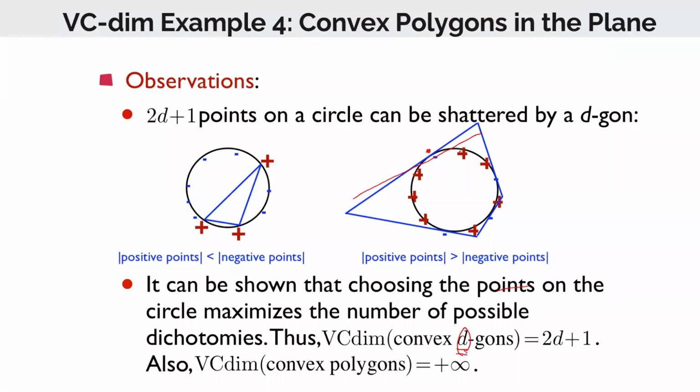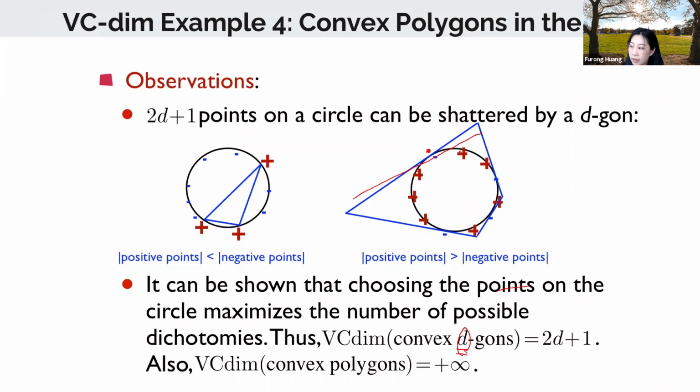So when it says VC dimension equals infinity, we can pick an infinite number of points, and then we can find a polygon that shatters those points. Yeah. But let's say the polygon is not a D-polygon, right? It is a polygon, you can say. So let's say you're on R2 and the points you choose are every point on R2.